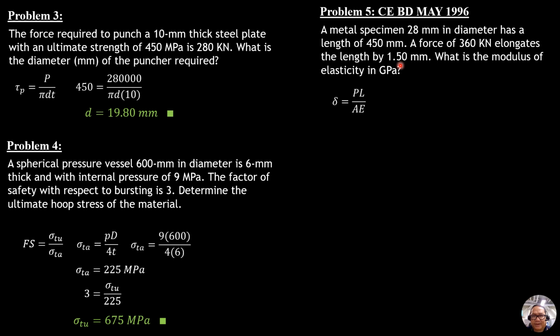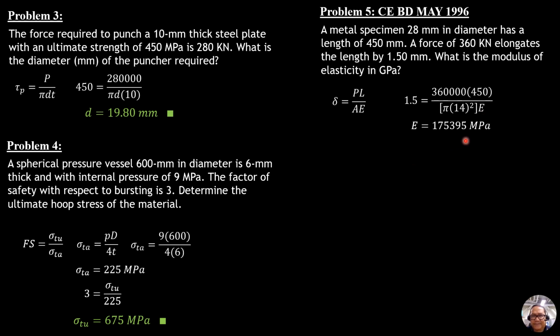1.5 equals 360,000 newtons times the length of 450 mm divided by area, pi times 14 squared, times E. Be consistent with the units also. E is the unknown. So 1.5 equals 360,000 times 450 over pi times 14 squared times E. This E here is in megapascals.